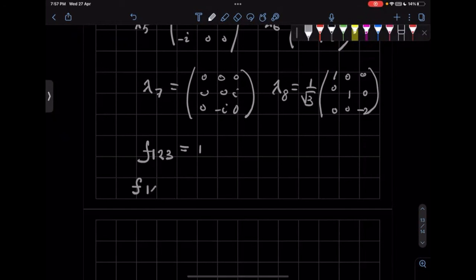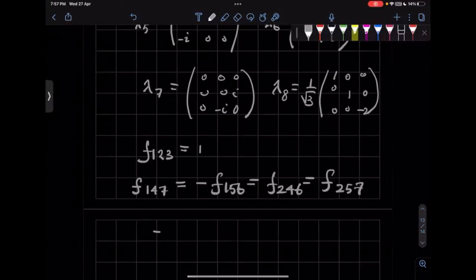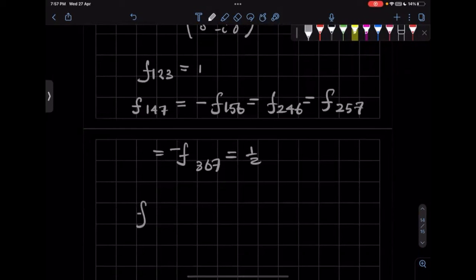Then f147 is the same as minus f156, f246, f257, minus f367, that's half, all these. And then we have f458, f678, these are square root of 3 over 2, okay? You don't have to memorize any of this. Okay, so this is basically the generators of SU3.